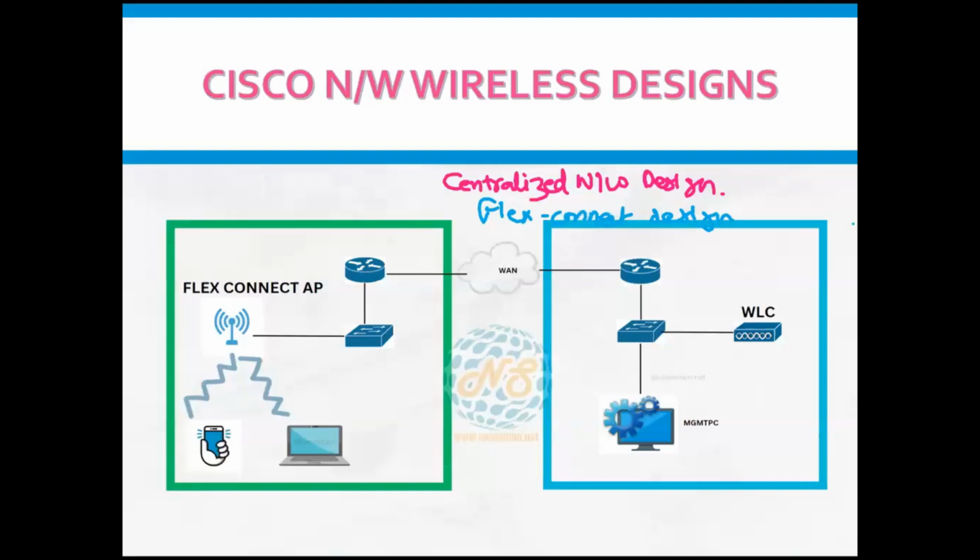So a FlexConnect access point can switch client traffic locally. Later on, I will show you how. Otherwise, if it is not in FlexConnect, it will go to the WLC for all decisions. But in FlexConnect, it can perform local authentication. It can do a couple of things locally. Getting this point? So we can use FlexConnect mode also.